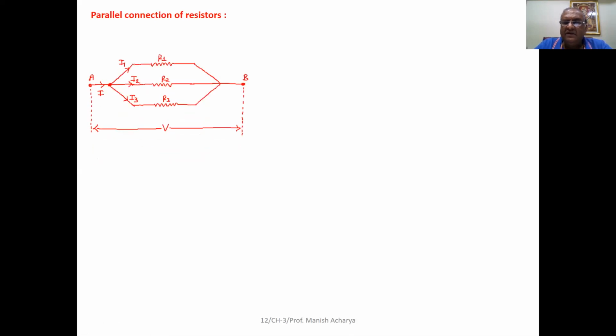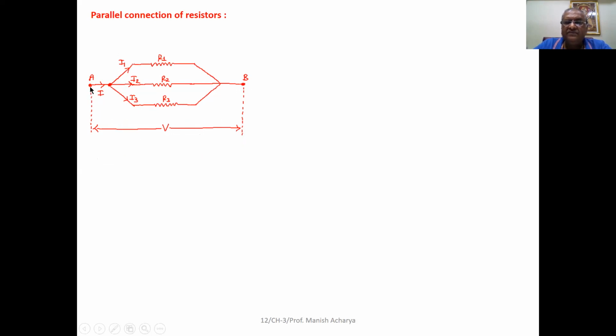Now next, parallel connection of resistors. Suppose the resistors are connected between two terminals A and B as shown in the figure, such that the current I has different paths to flow from A to B. Then this type of connection is the parallel connection of resistors.